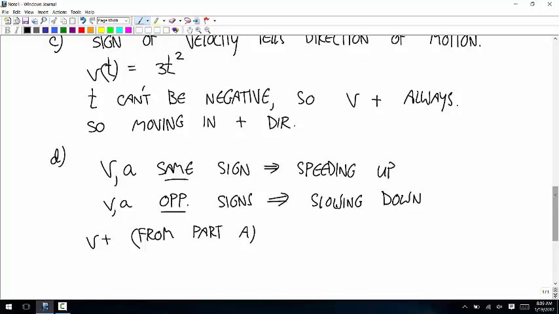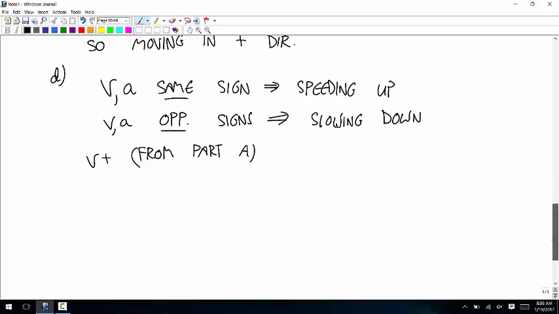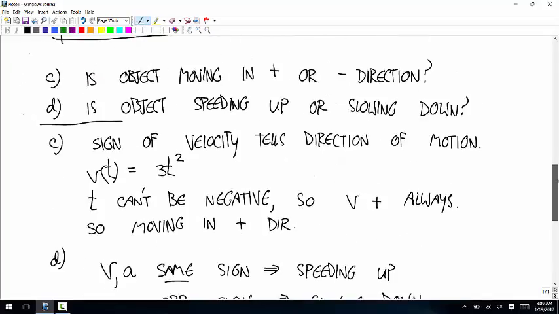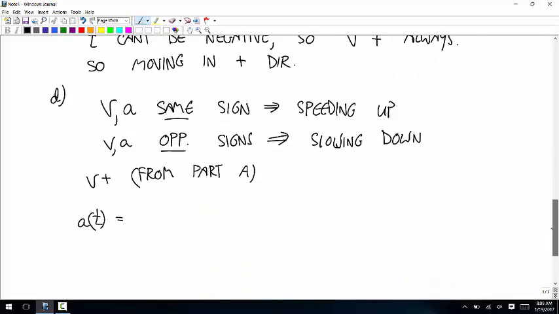So now let's think about the acceleration function. So acceleration as a function of time was t cubed plus 2. Time can't be negative.